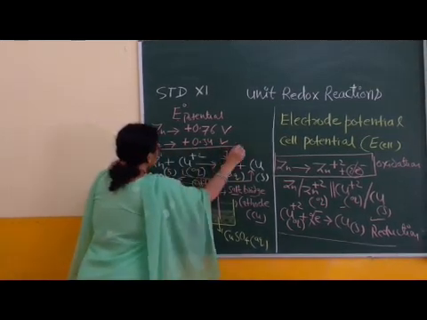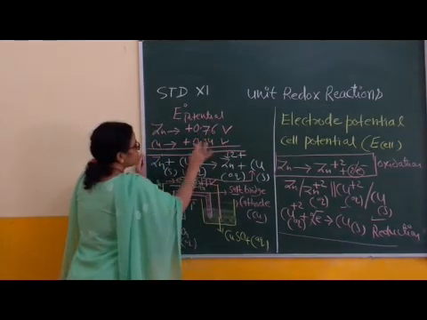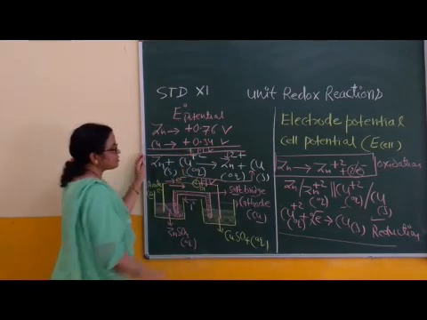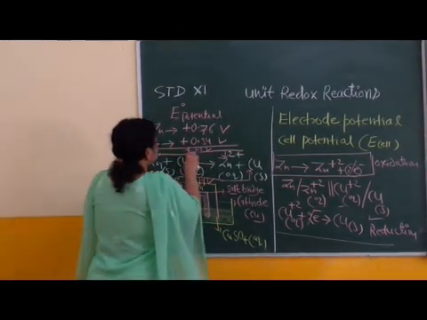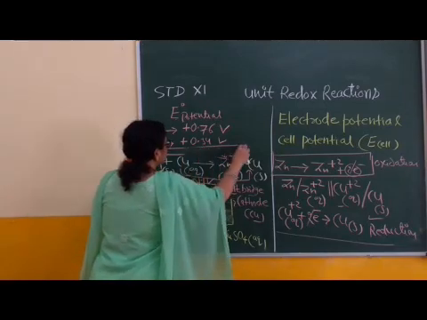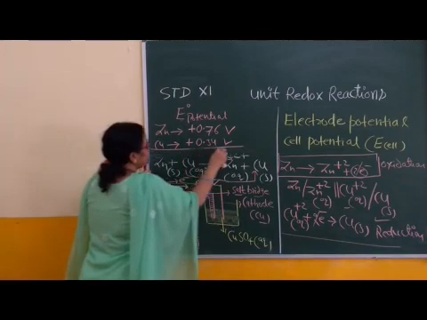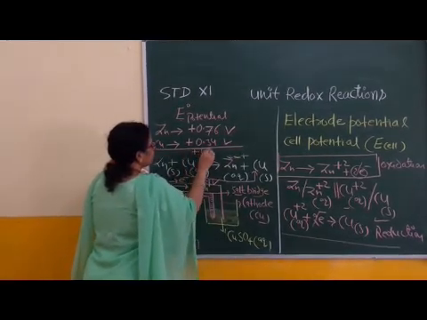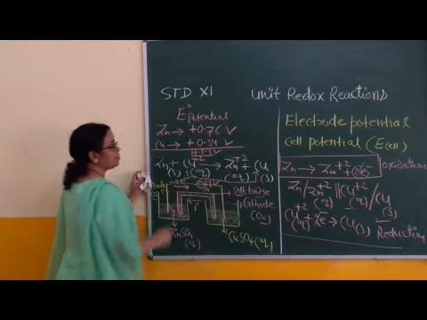And what is the sum of electrode potentials? This one plus this one is equal to 1.1 volt. Positive. The cell reaction is spontaneous. Its potential is to produce plus 1.1 volt electricity. This is the cell potential.